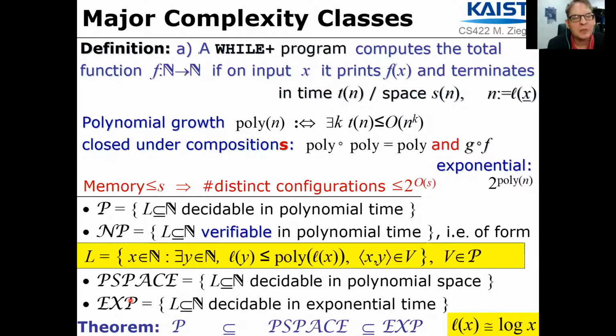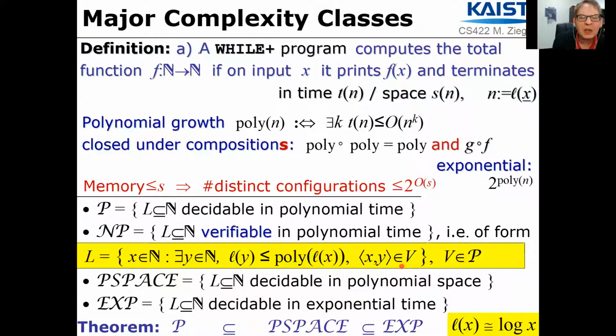Polynomial time verifiable means problems of the following form: the set of all natural numbers x for which there exists a natural number y of length at most polynomial in the binary length of x, such that whenever x belongs to this decision problem L, then the pair x, y can be confirmed by the decision problem V, a so-called verifier, whereas when x does not belong to L, there must not exist any such y that makes the verifier terminate and accept in polynomial time.